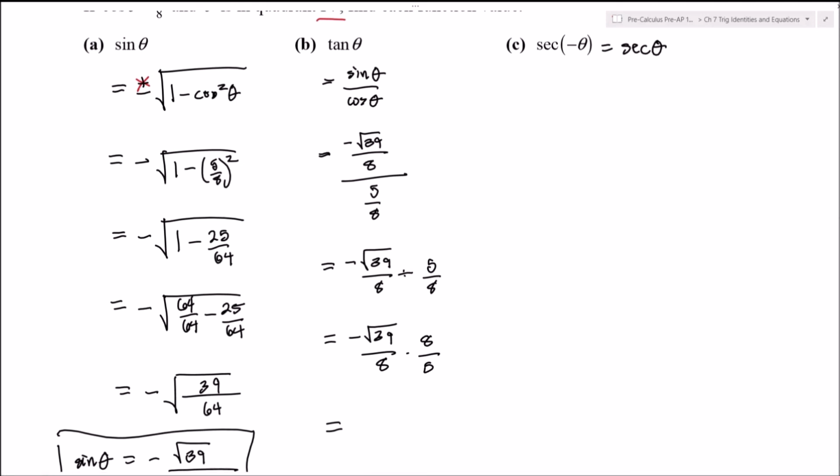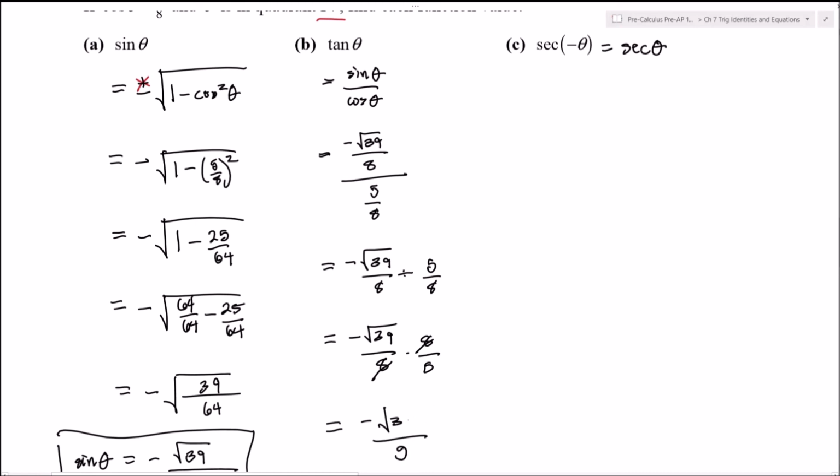But if you're already used to that computation, you can check first for common factors, and there's an obvious common factor of 8, which we can cancel out before we even multiply. So we can disregard the 8s because those are common both top and bottom, and we're left with negative square root 39 over 5. And I got to fix those 4s.